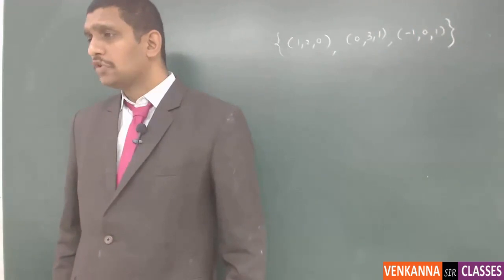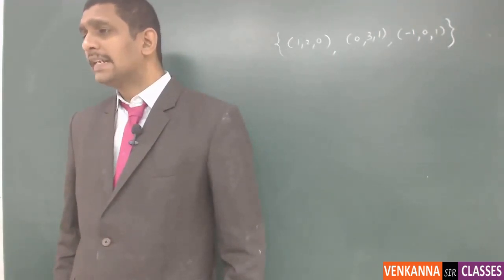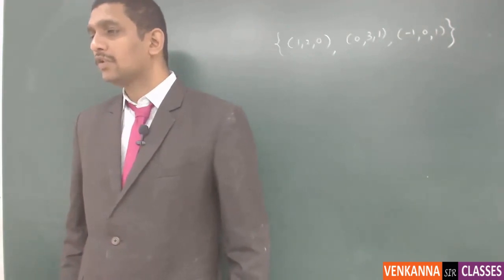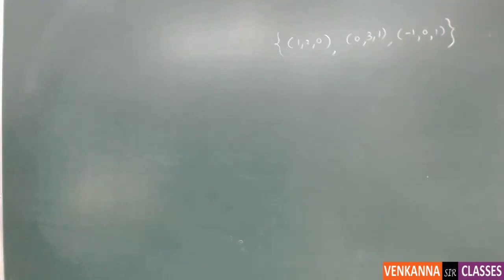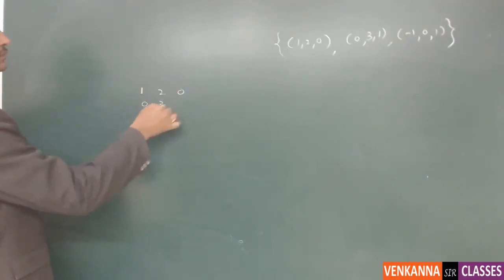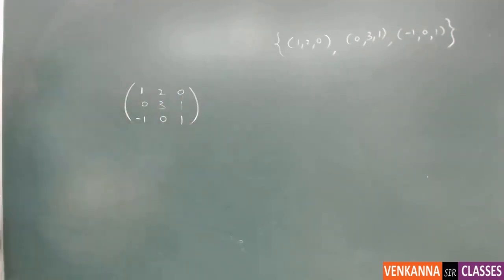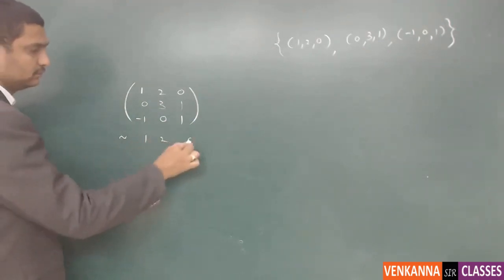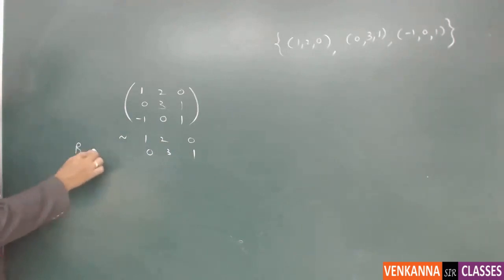So you are getting non-zero vectors and you are saying that it is linearly dependent. You are getting non-zero scalars there. Yeah. So let us go for it. Let us apply the row operations there. R3 tends to R3 plus R1.